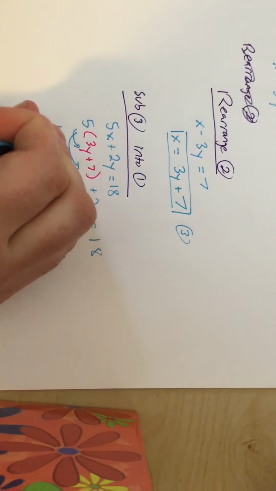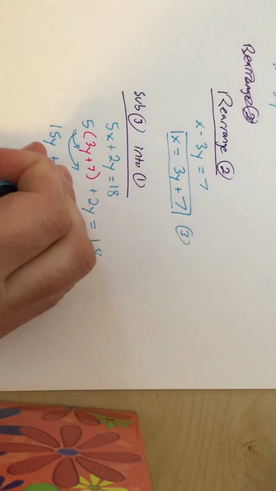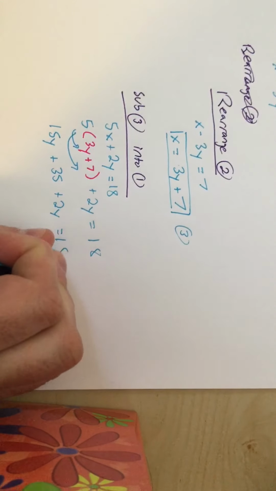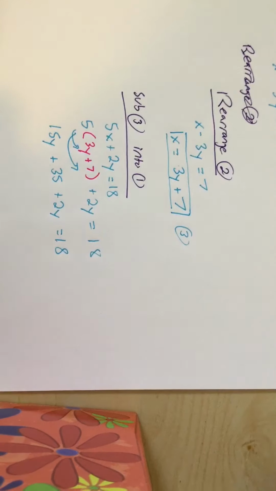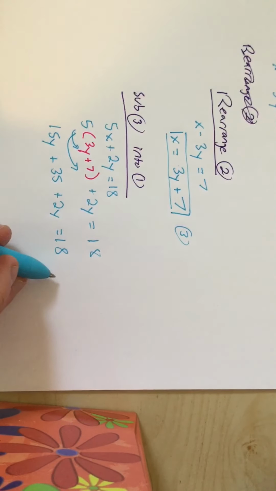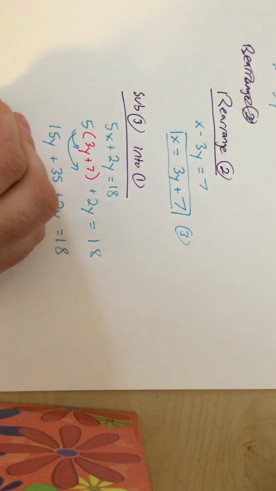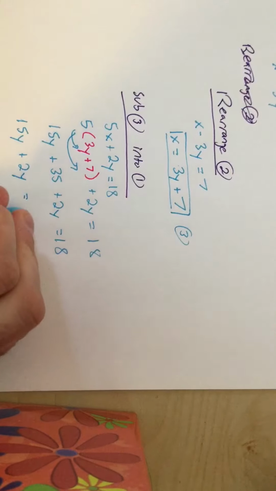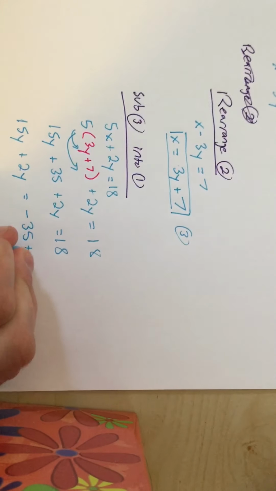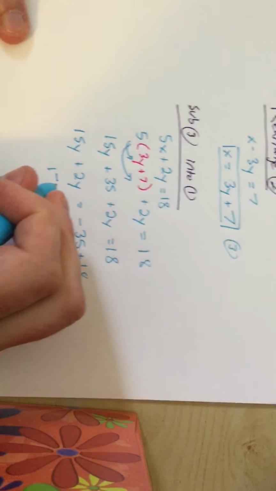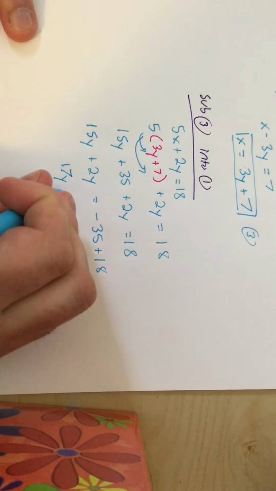Multiply. 15y plus 35 plus 2y equals 18. The 35 is going to go to the other side and become negative because it was positive. So 15y plus 2y equals negative 35 plus 18. 15 plus 2 is 17y.